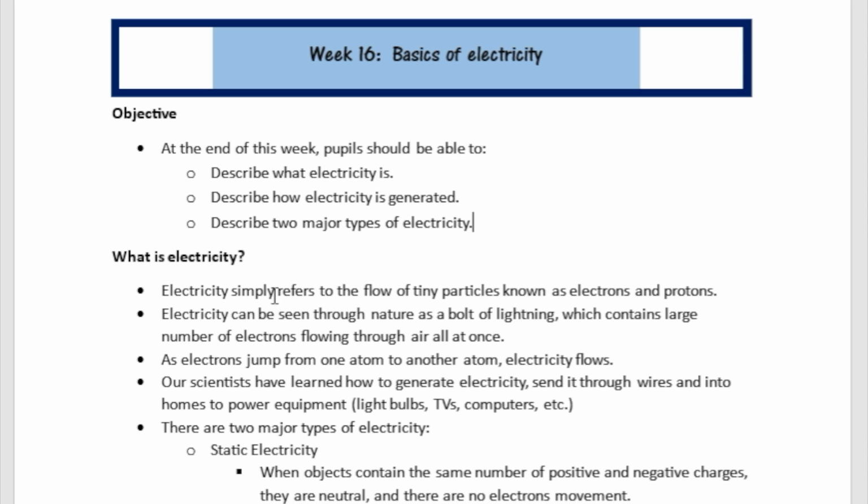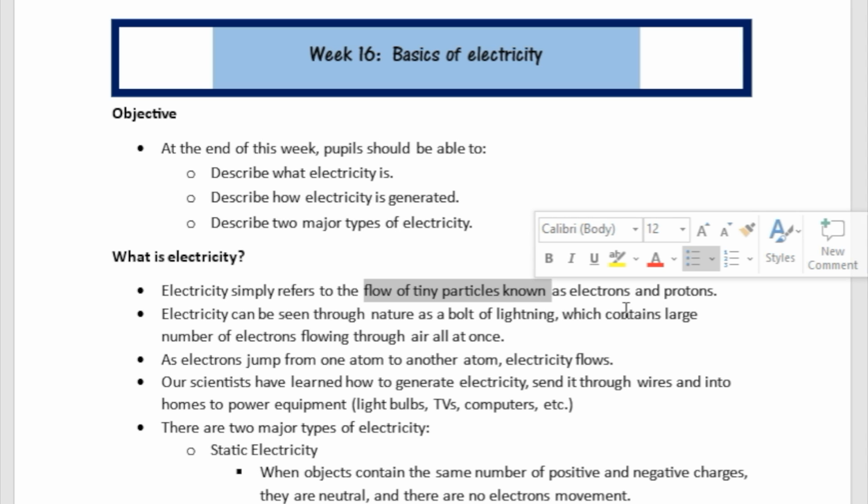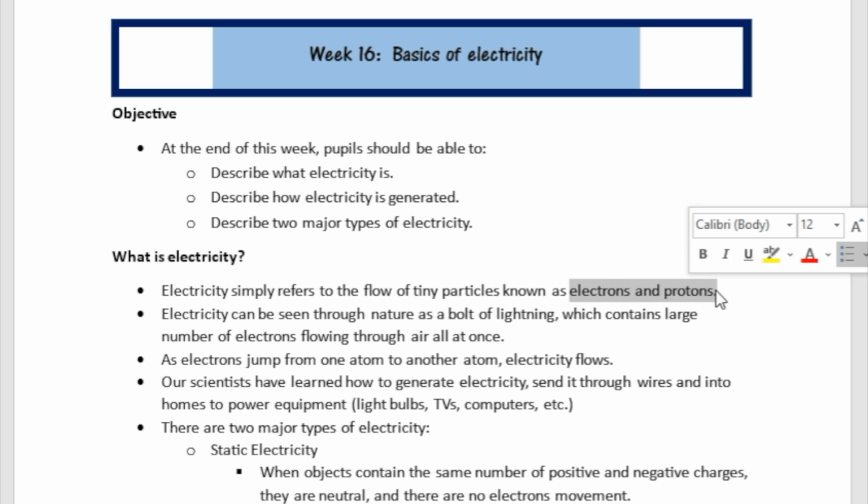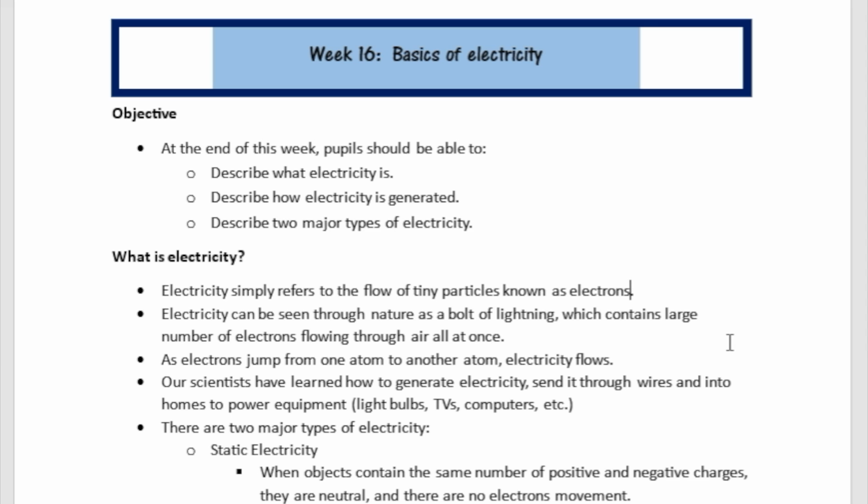Well, electricity simply refers to a flow of tiny particles known as electrons and potentially in some cases protons, right? But let's just keep it simple right now. It's the flow of electrons. So that's what electricity is.